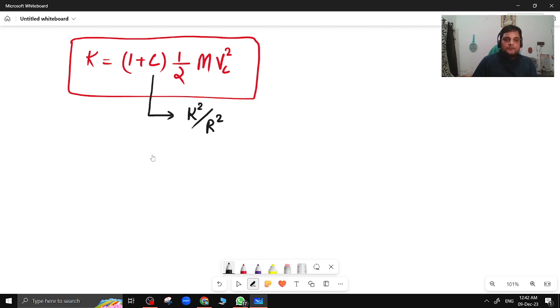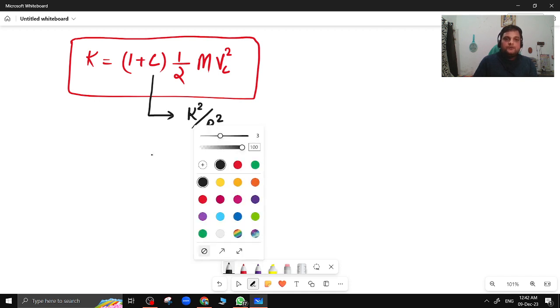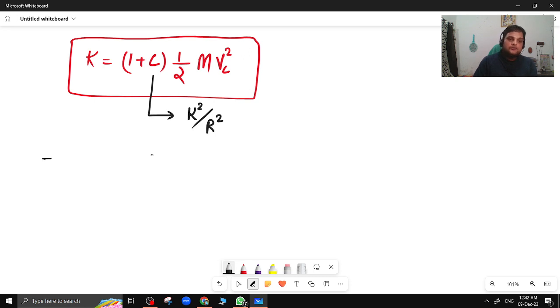So here we will try to find out the value of C for different bodies. Suppose we have a solid sphere.